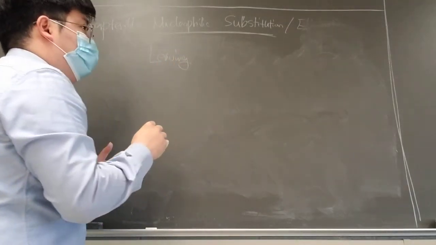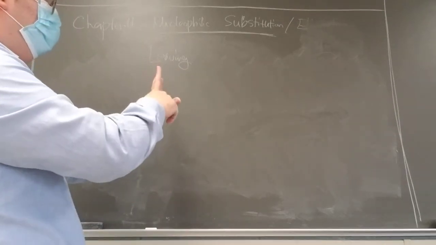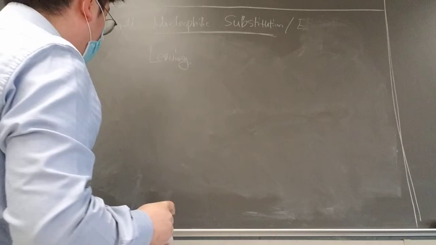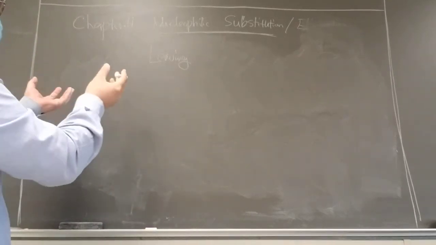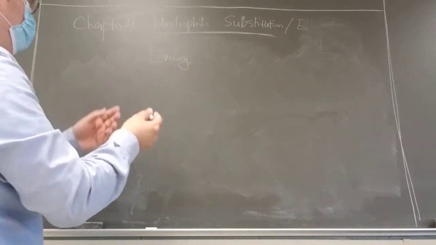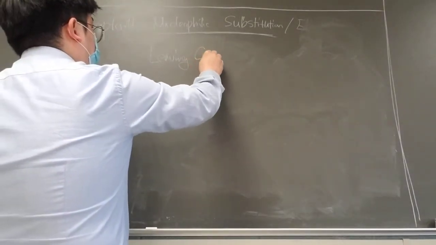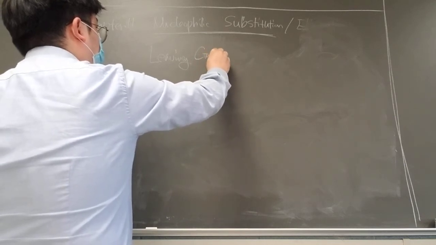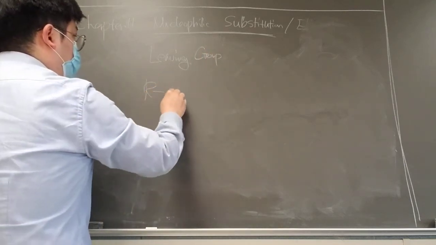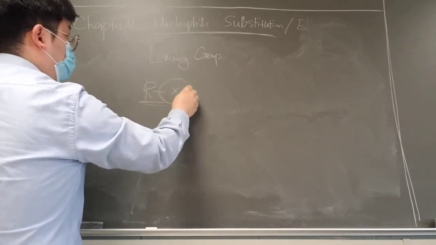If your leaving group is better, then the reaction will be much faster too, because the leaving group will leave the compound more easily, so the nucleophilic attack can happen more easily on the carbon of the compound. What I mean by leaving group is whatever is attached before the nucleophilic attack; this is a leaving group.